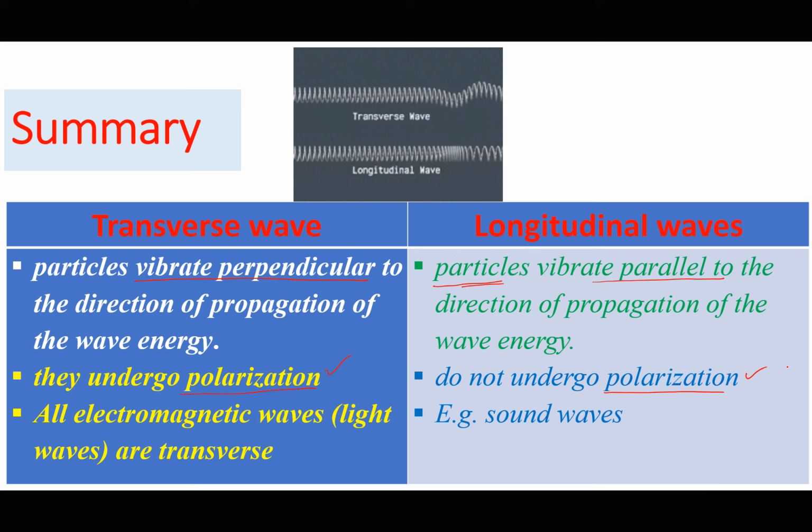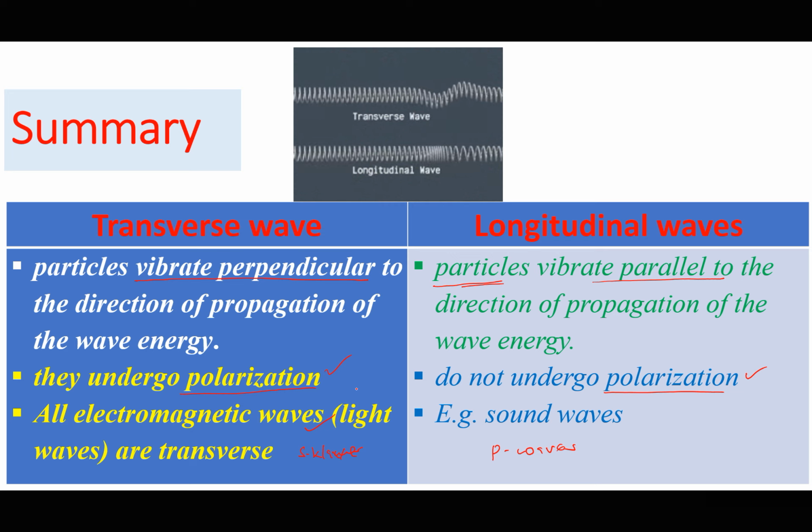We have given examples of transverse waves to include light waves. And here we also gave S waves. And here we gave P waves. So you should be able to distinguish between transverse and longitudinal. And you should know that transverse waves undergo polarization and longitudinal waves do not.